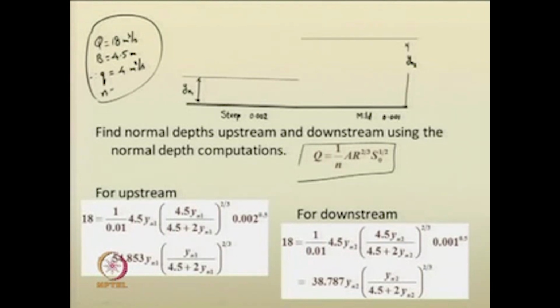I substituted Q equal to 18, Manning's n equal to 0.01, area for a rectangular channel, hydraulic radius R equal to A by P, which is nothing but by divided by b plus 2y. I substituted the bed slope 0.002 to the power of 0.5. Similarly, in the downstream section also, I substitute the appropriate data.